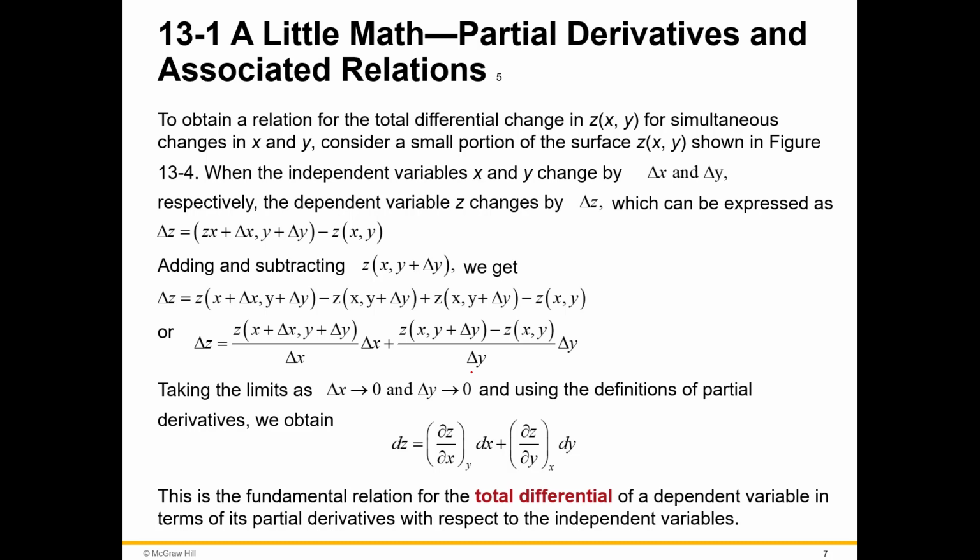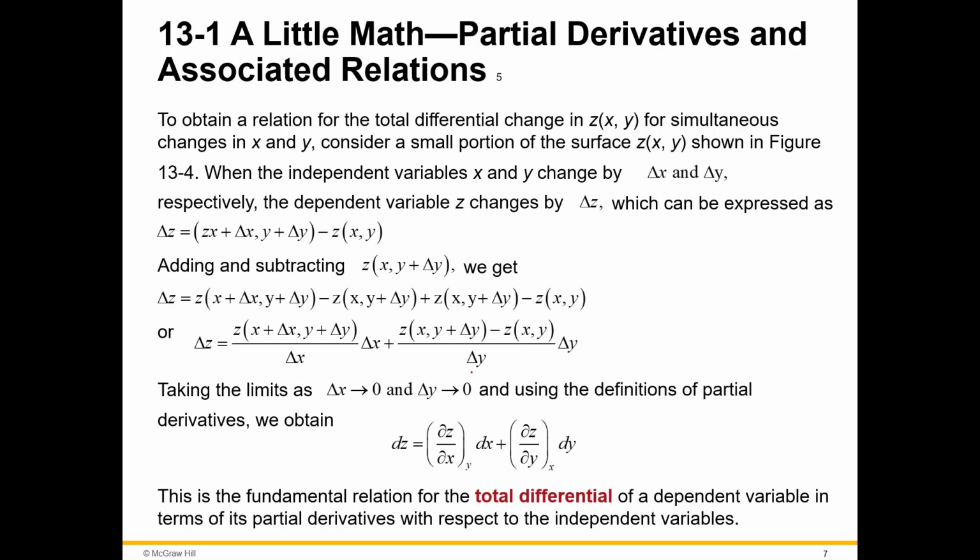And this is to obtain a relation for the total differential change in z in reference to x, y for simultaneous changes in x and y, because we know that when we're changing on an xy plane, we learned in the PVT diagram that there's also a z. So it's actually three-dimensional. We just typically see it on a 2D surface.